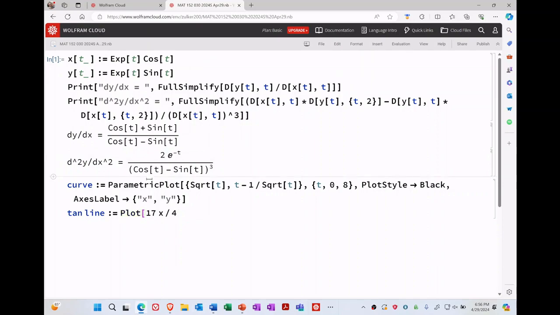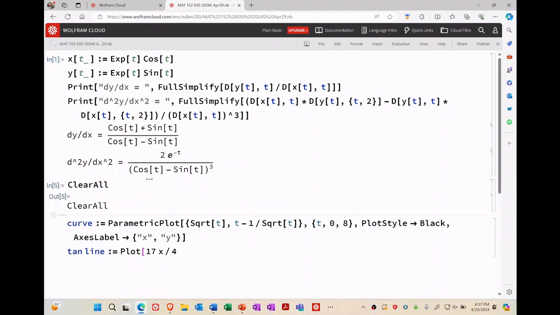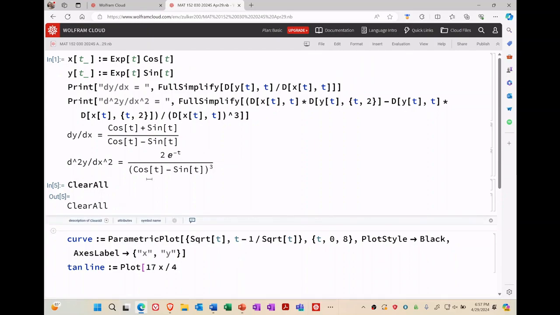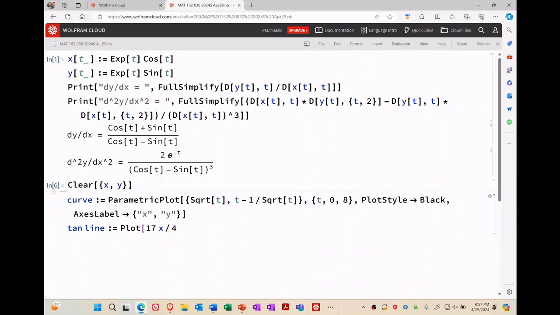That's not good. Clear. It's not clear what I want. Clear. X comma y. There we go. I don't need those in quotations anymore, but I don't care. We said it was -5, right?